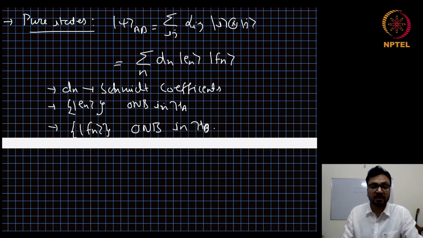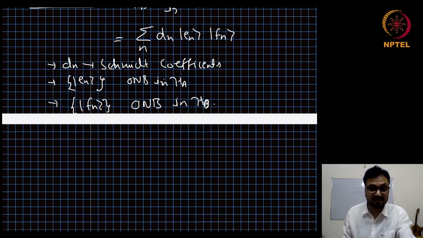This is the Schmidt decomposition. Any bipartite pure state can be brought to this form. We have proved it and used it on several occasions, so I'm not going to go into details over this.